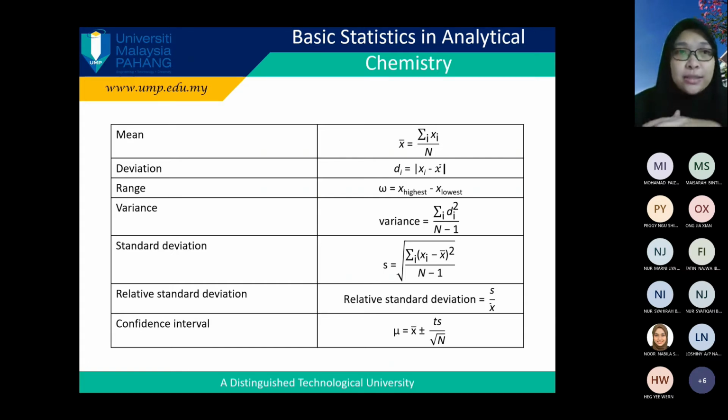So these are the basic statistics that will be used in analytical chemistry. So last time you already learned on how to calculate those median, standard deviation during your statistics class. So I'm not going to go very detailed one by one. So kita akan terus guna sahaja dalam analytical chemistry.